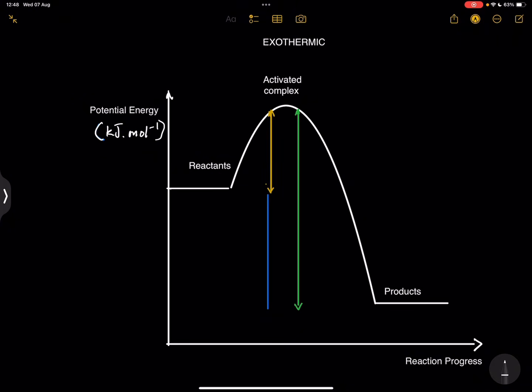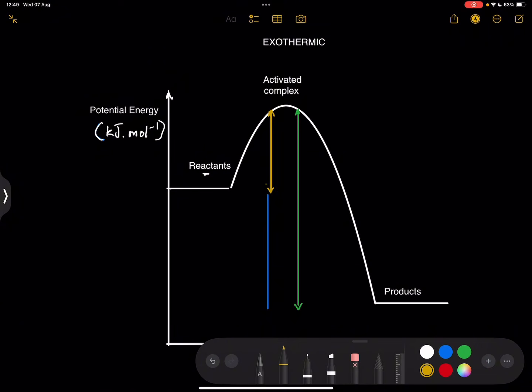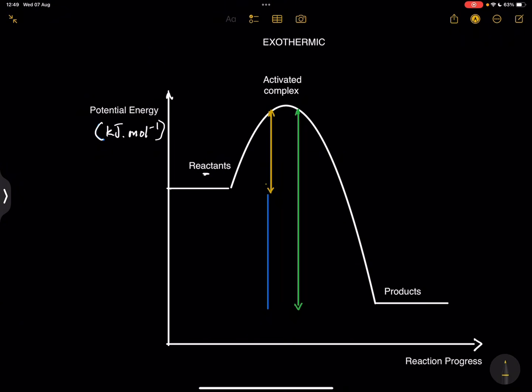Okay, right. Now, look at this. The energy of the reactants. So the reactants have a high amount of potential energy, and so they require very little activation energy, right? To get to that point, the activated complex. So they absorb very little energy until they get to the activated complex, right?